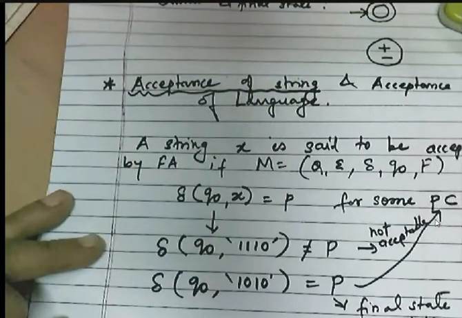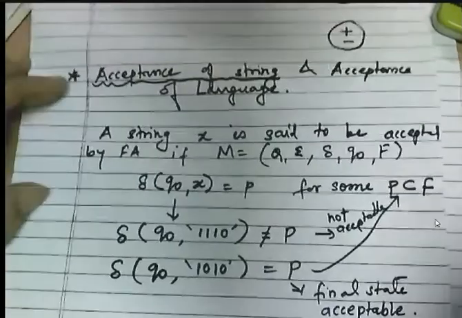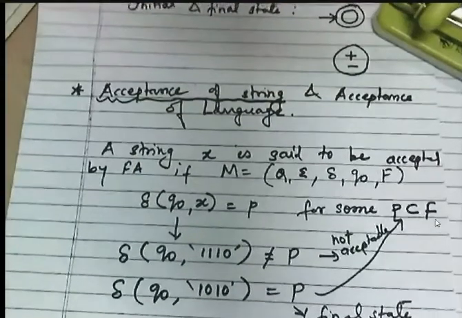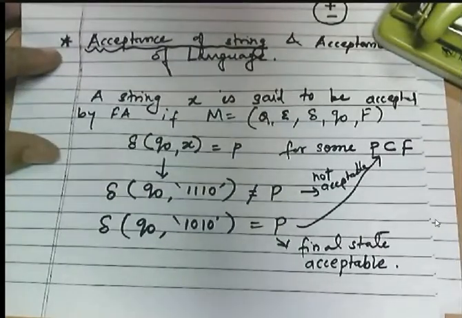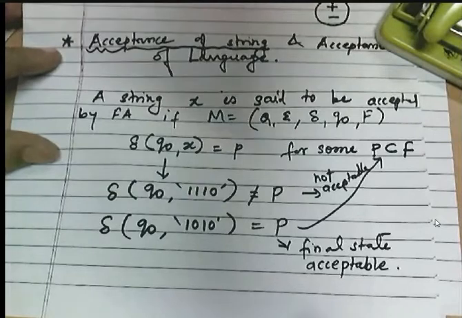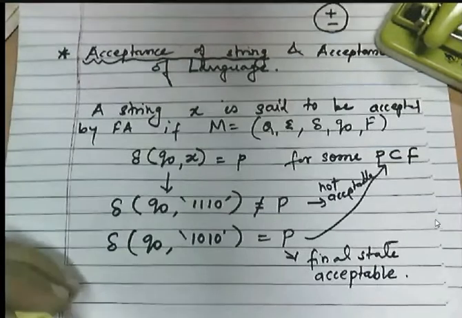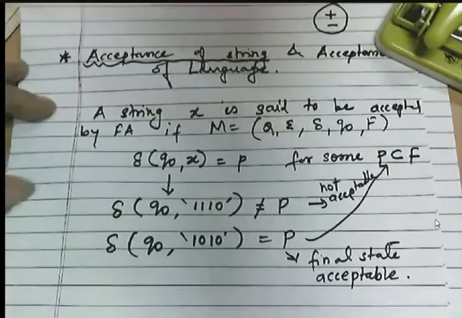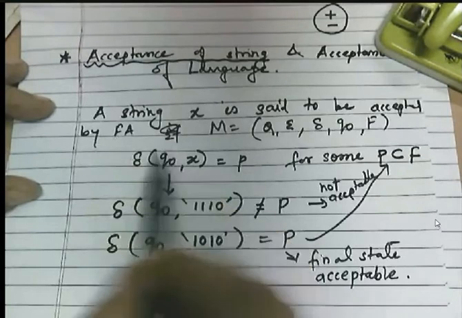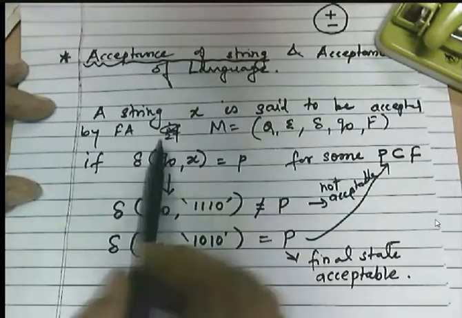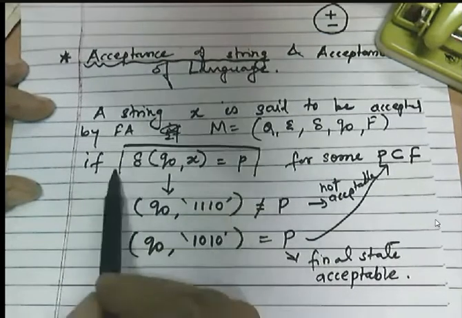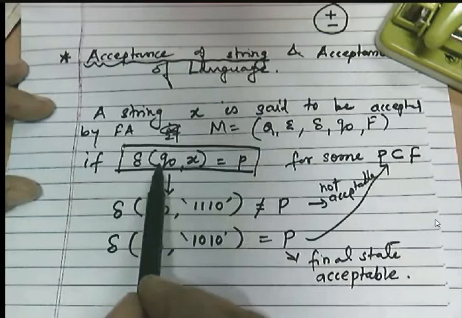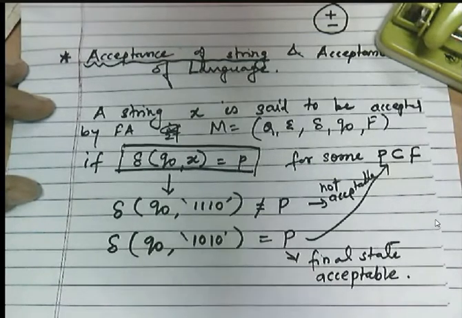Now there can be a question. I don't know whether you will be getting written papers for your subject, but this can be asked as an objective question as well, with different options, asking whether a particular string is acceptable to a finite automata or not. So we can say yes, M is equal to this. If we give an input string to an initial state and it reaches a final state, it is acceptable.